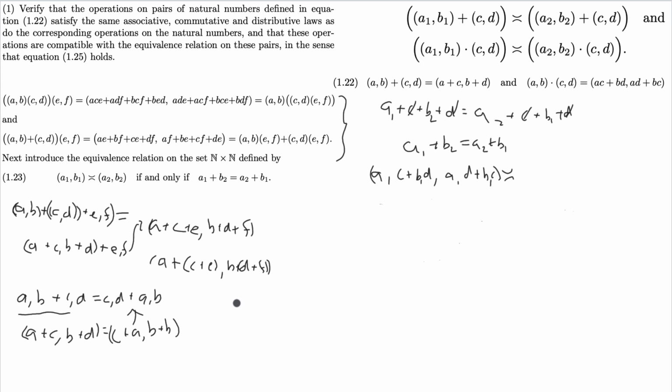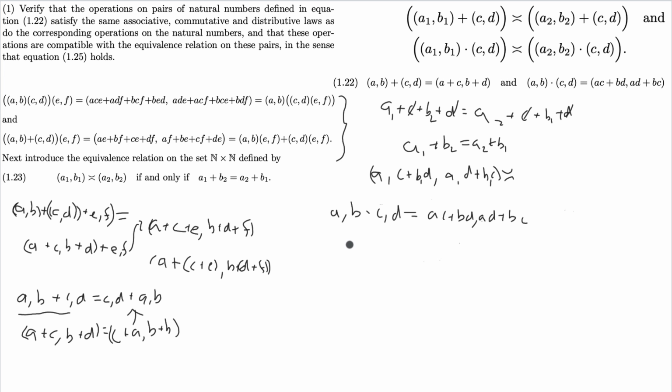Next, for multiplication, we're going to do a very similar thing, but this time we're going to apply the commutativity of multiplication of natural numbers to simplify it. That is, we apply the definition of 1.22 to get (a,b) times (c,d) is equal to (ac plus bd, ad plus bc). And it may be useful to write out the other multiplication to see how we should rearrange things.